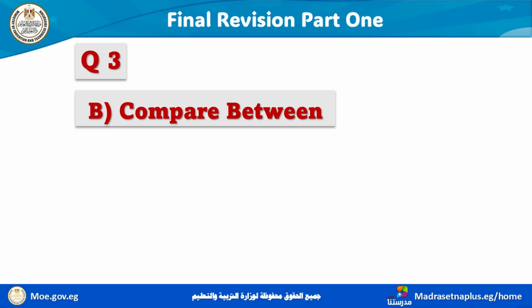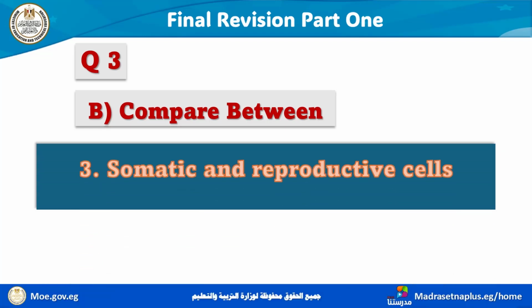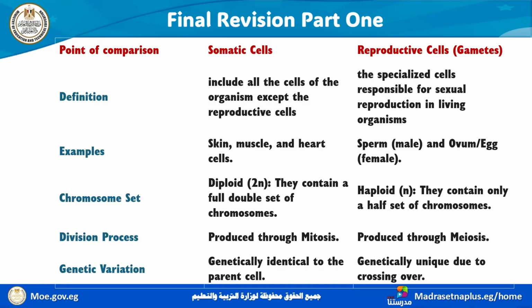Compare between number 3, somatic and reproductive cells. Our point of comparison, number 1, the definition. What is meant by somatic cell? The somatic cells include all the cells of the organism body except the reproductive cells.